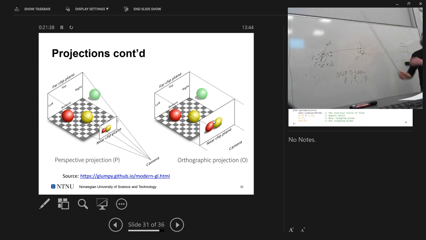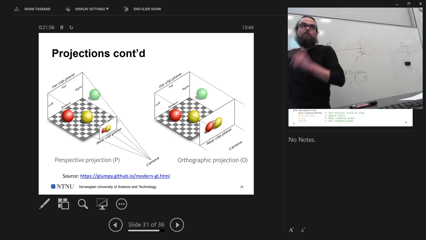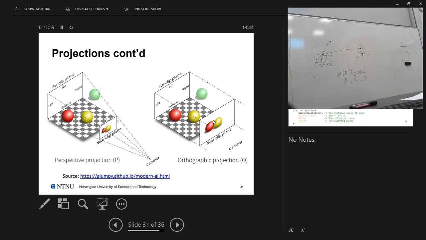Now, why would our eyes adapt to the geometry on the left instead of the one to the right there? Any idea? This is how we see. Yes, we need depth to know where. Yes, we need depth, but there's another thing. They all meet at a point.